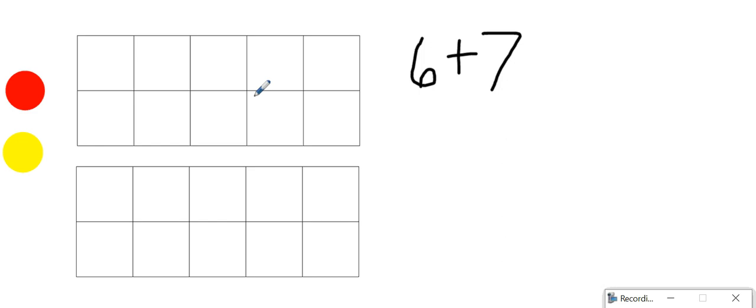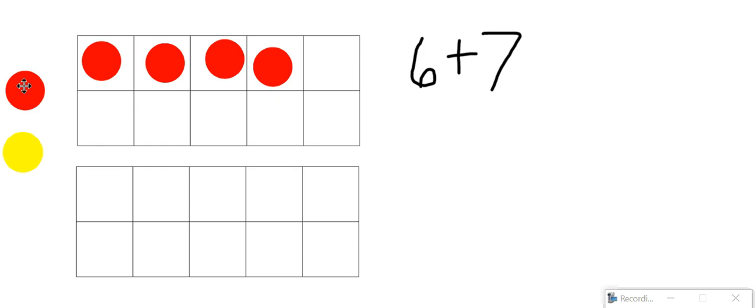Okay, now we are going to add 6 and 7. So I'm going to go ahead and add 6 red dots. And 7 yellow dots.